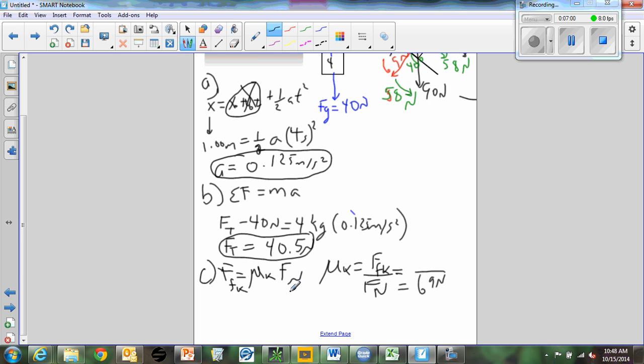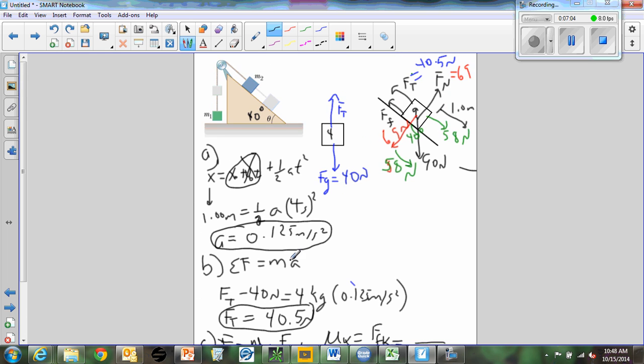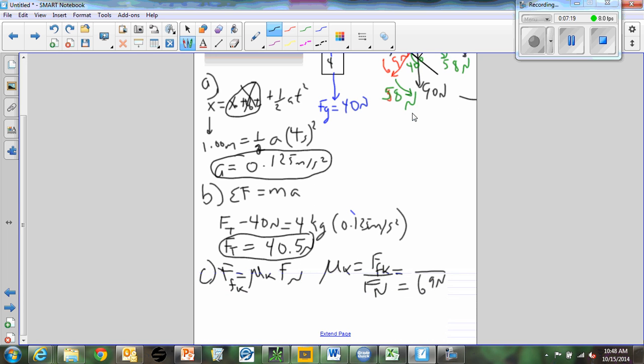So how do I find F of F? If I go back up and look at my picture, I do the sum of the forces. Friction is negative, so uphill is negative, downhill is positive. So 58 minus 40.5 minus F of F equals m times a. M is 9, a is 0.125.